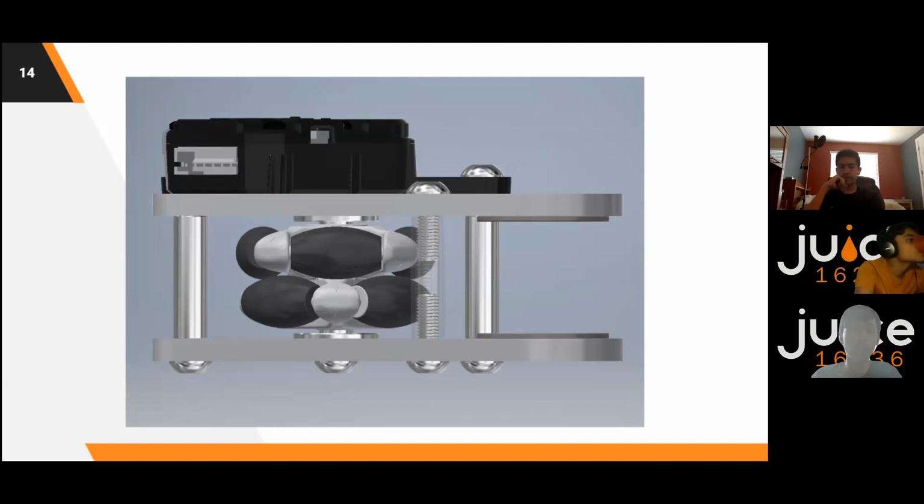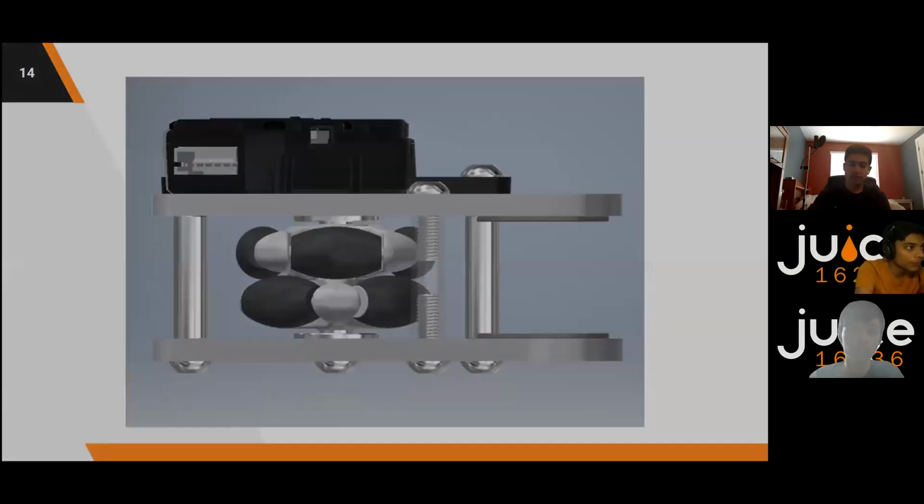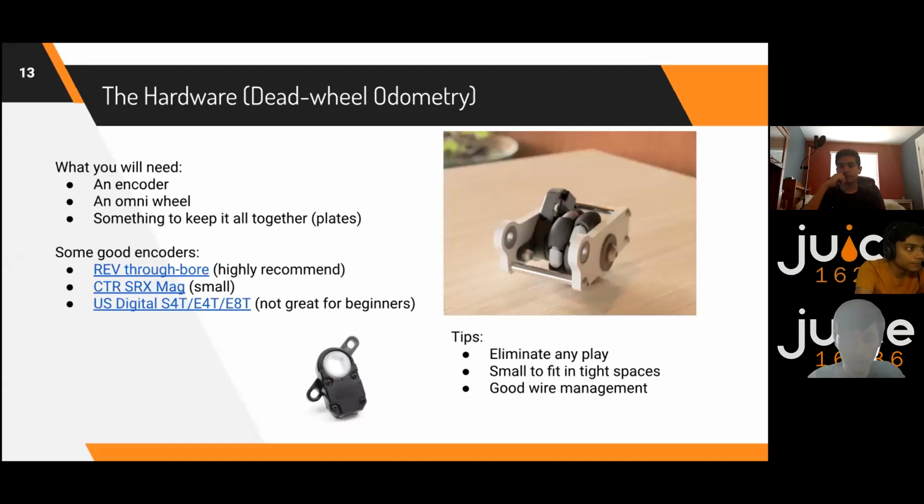And then if Sid can go back to the previous slide for a second. You can see on the front of our module, we have those bearings there. This was because, as I discussed, we needed to spring load, or rubber band load, the modules onto the ground.